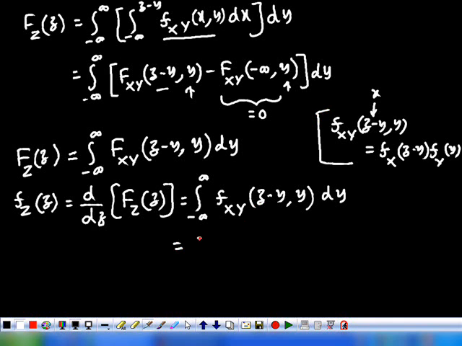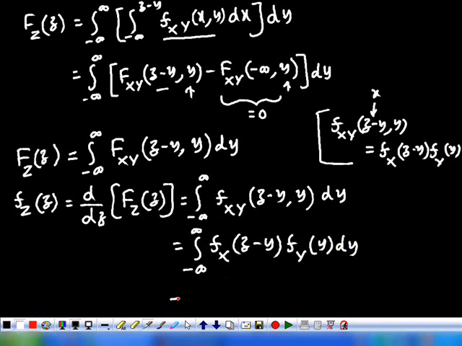Therefore, this can be written as integral from minus infinity to plus infinity f_X(z minus y) f_Y(y) dy. Now, if you observe, this integral is in the form of integral from minus infinity to plus infinity f(tau) g(t minus tau) d tau.